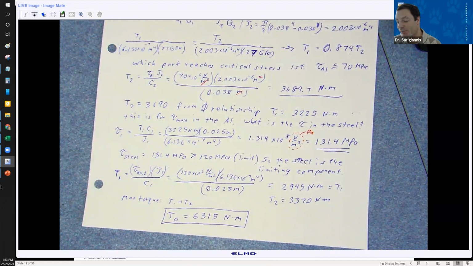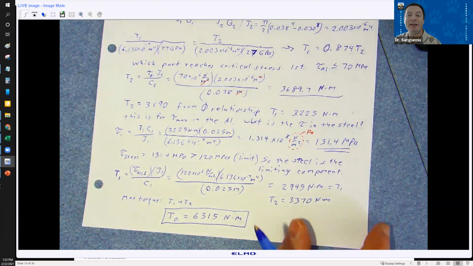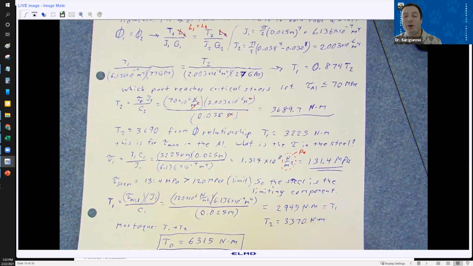You have to actually sit back and think about limits, right? Is this steel shaft okay? Is this allowable stress okay? You can solve the problem either way. It's just that in one case, the torque is too high.